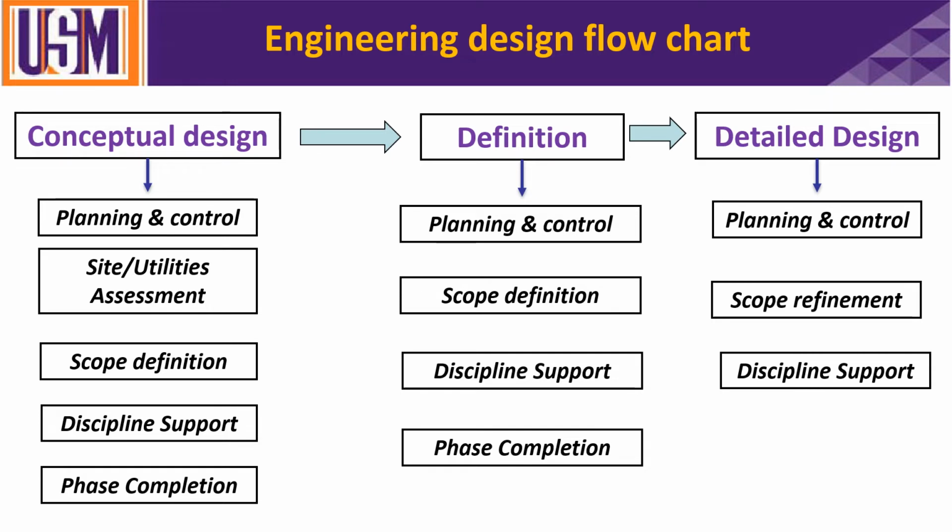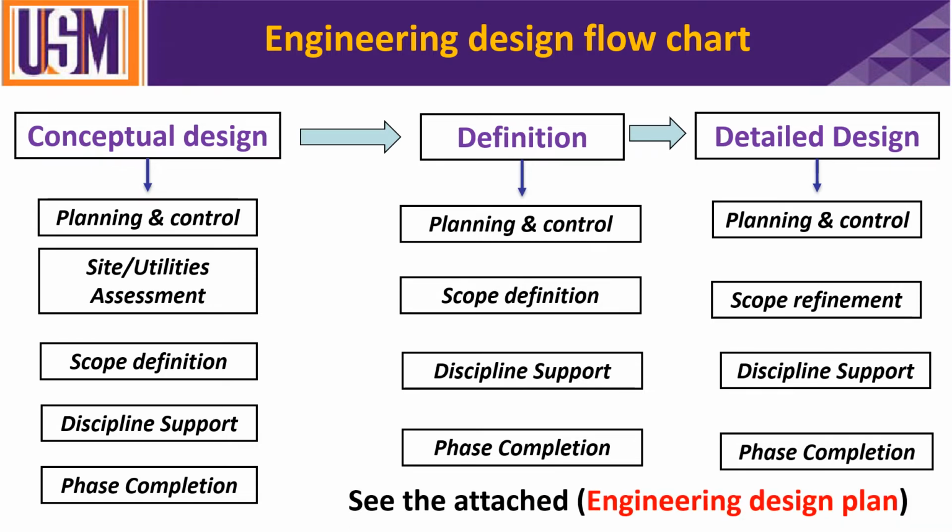For disciplinary support, you already know who your contractors are, you know what the requirements are, all the documentation, legal, logistics, and everything. You already know what you need in your design. Lastly, you complete this phase. So this is a general design in any company. These are the general phases.